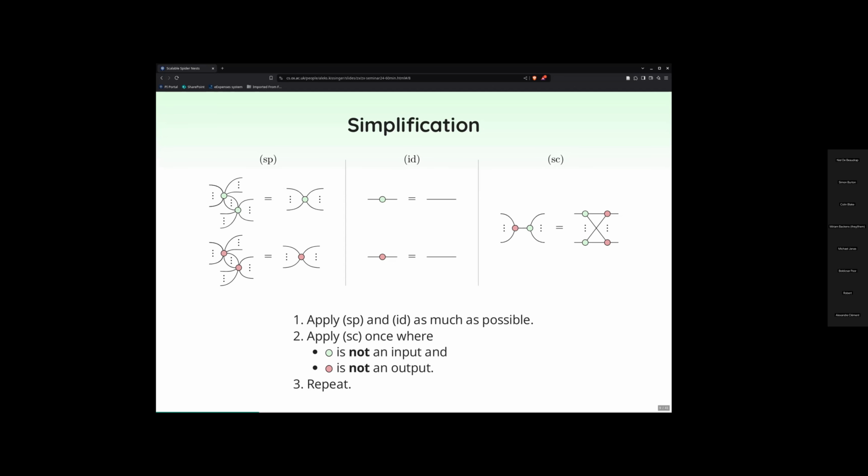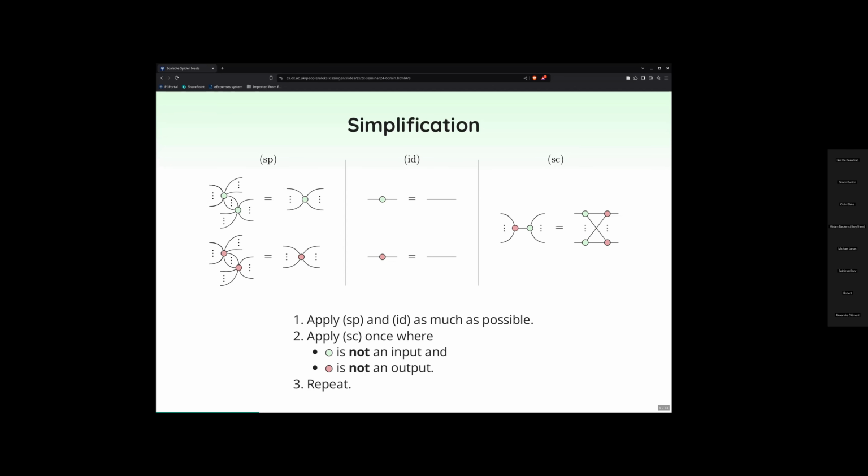Then I apply the strong complementarity rule once in a position where the Z spider, or the green spider, is not an input, and the red spider is not an output. And then I repeat. To understand what's going on with this step 2, you can think about what this canonical form is trying to accomplish.